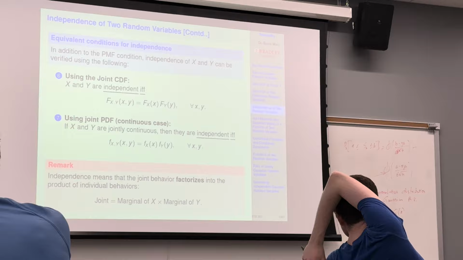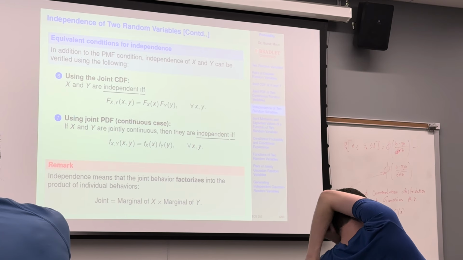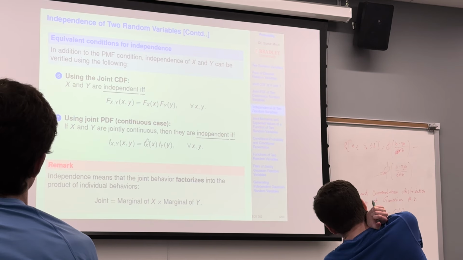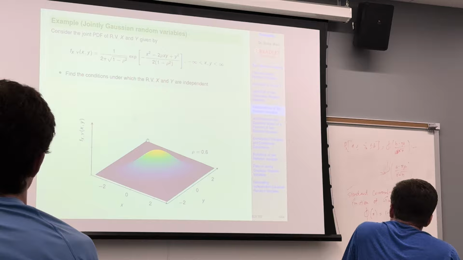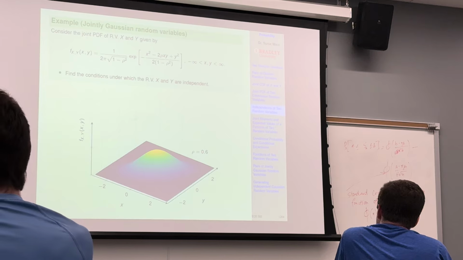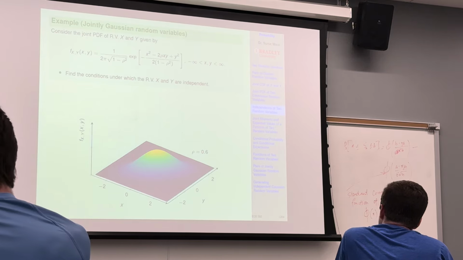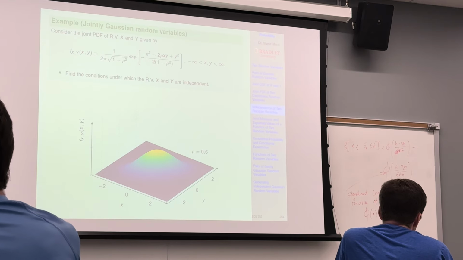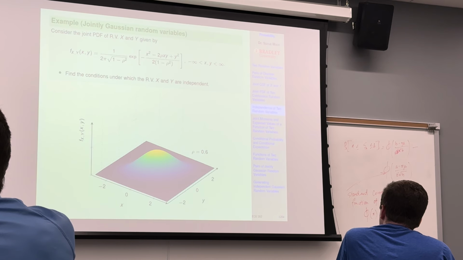So for independence, the conditions of independence, you can write down in the formula sheet, but you will be making use of them through some numerical problems. For example, we have the joint PDF, find the condition under which the joint PDF will be the multiplication of the individual PDFs of two random variables.